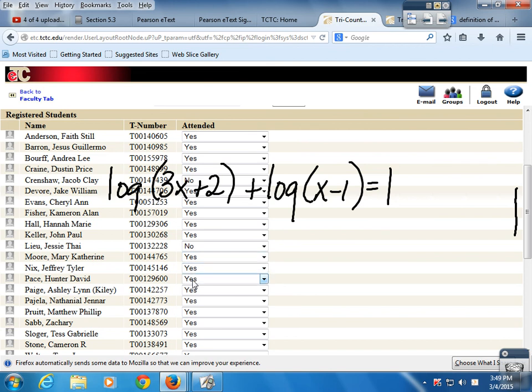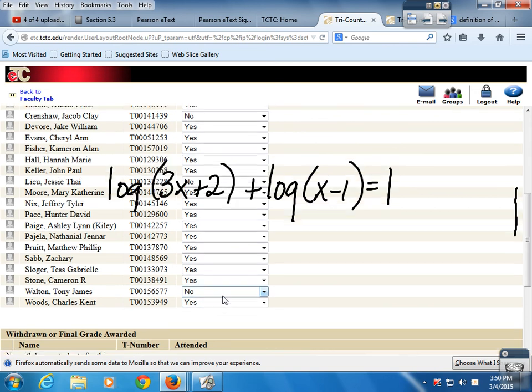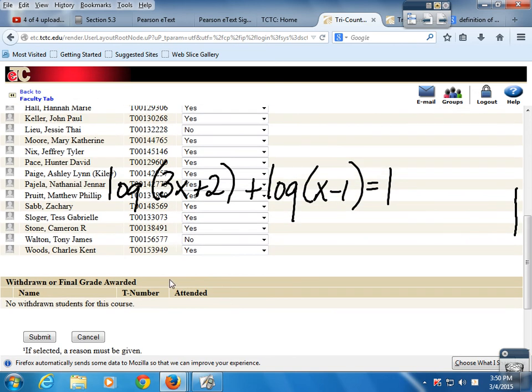Pace was here. Oh yeah, there he is. He decided to show up today. Page is finally back with us. Pruitt is here. Sloger, glad to have you back. And Walton, not here. Woods, he's not here.